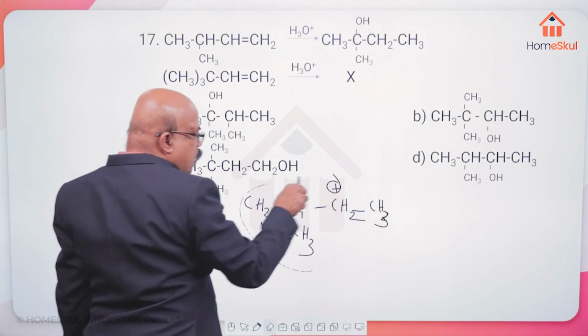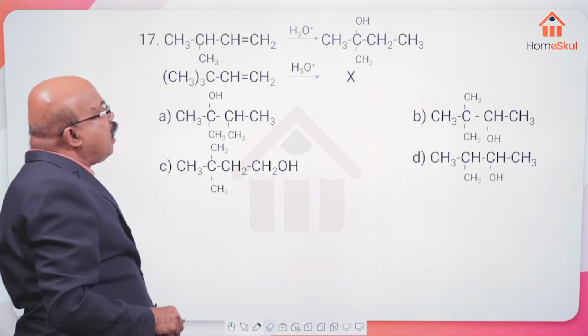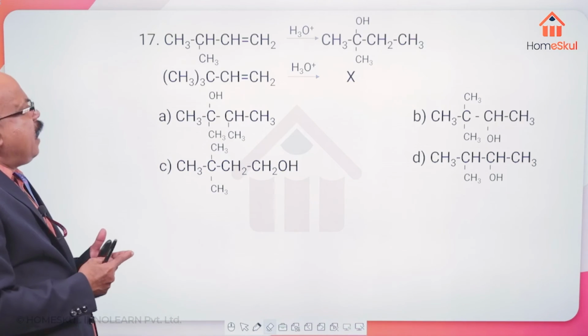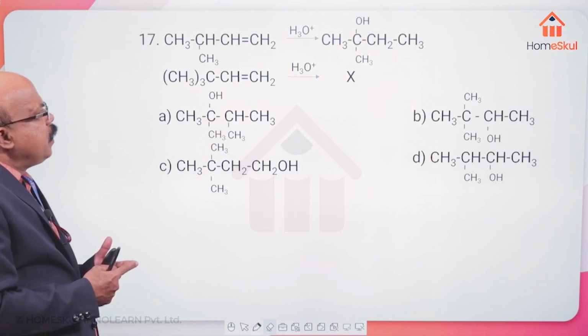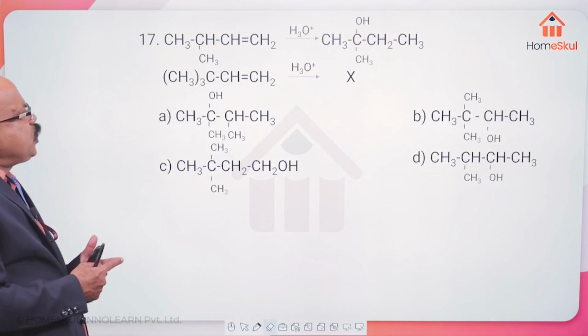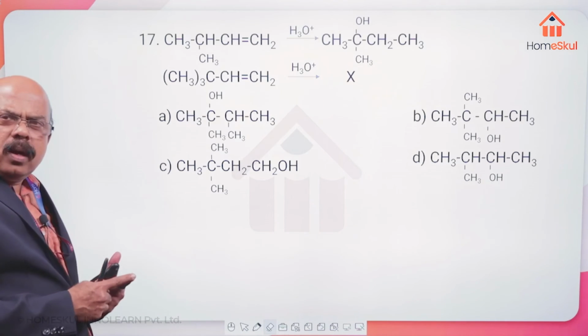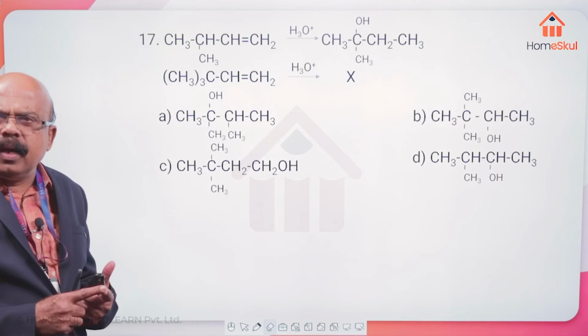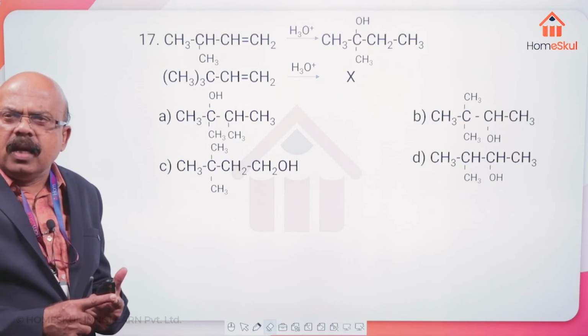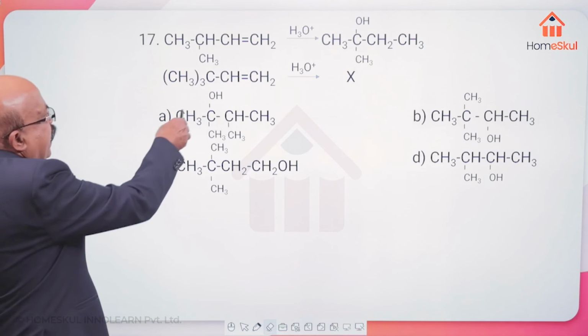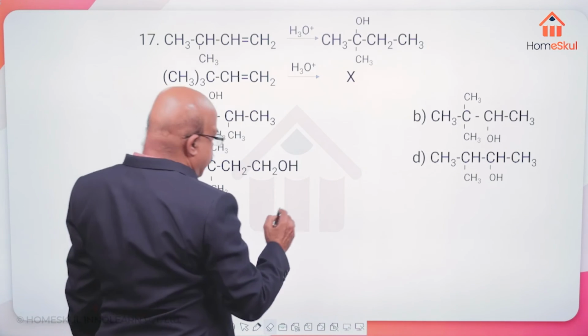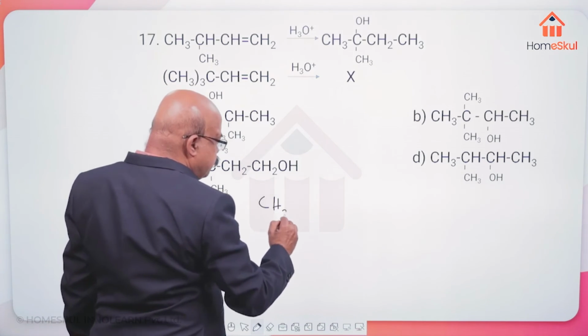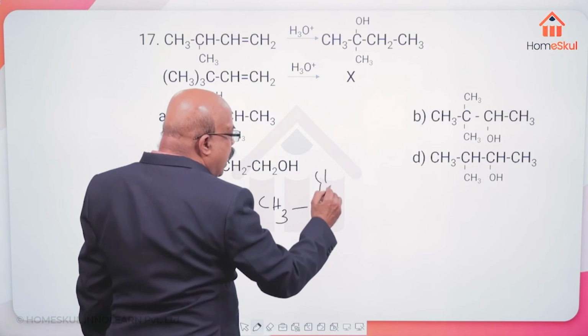So during the hydration of alkenes, the first step is formation of the carbocation. Carbocations can undergo rearrangement if possible, either by hydride shift, methyl shift, etc. In this case, this is the alkene given.